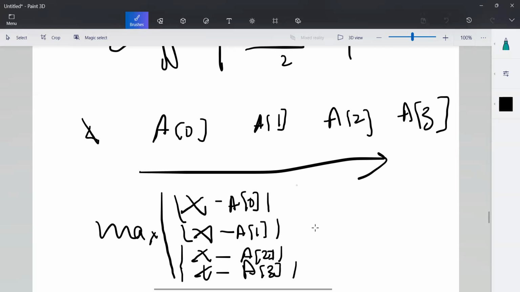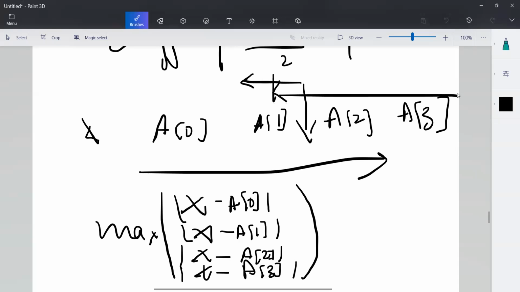X should be at the median, the mean of these. Because if you shift x in this direction, the difference with these values will increase. Otherwise, if you shift x in the other direction, the difference on that side will increase. So you keep x at the center, that is the mean, right?